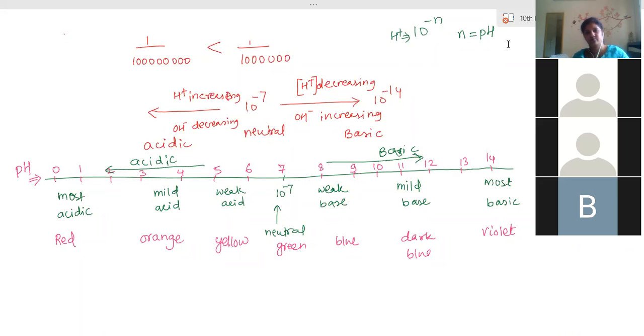Baking soda 8.4. Seawater 8.5. Milk of magnesia 10.5. Bleach is 12. And NaOH, sodium hydroxide, caustic soda, that is 14.